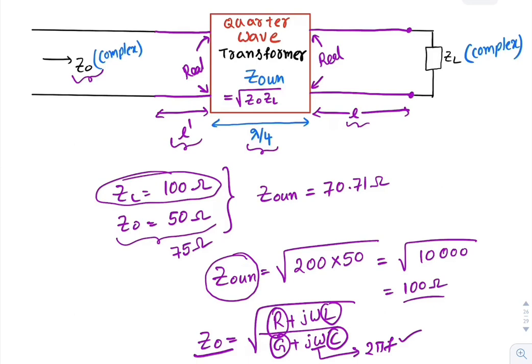At each and every time, I cannot change the dimensions of the quarter wave transformer as well as the length that I introduced here and here. These are the main problems with quarter wave transformer. But as long as the operating frequency is constant, this is one of the best solutions at very low cost with simple design and good accuracy.